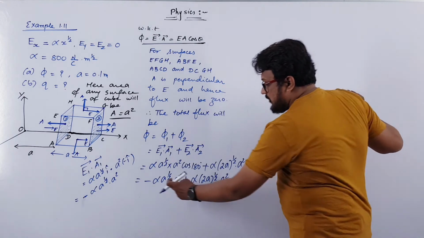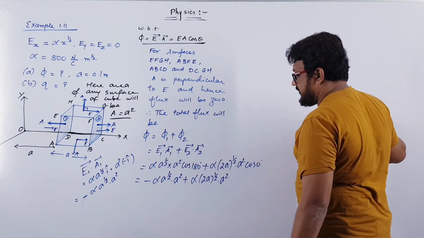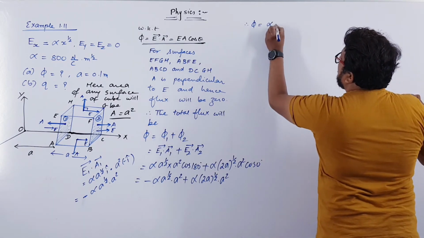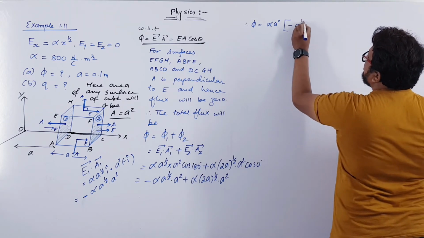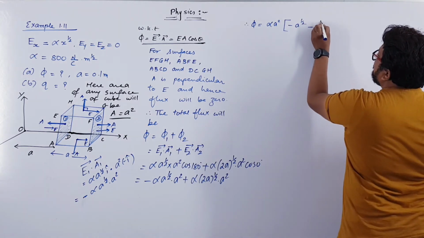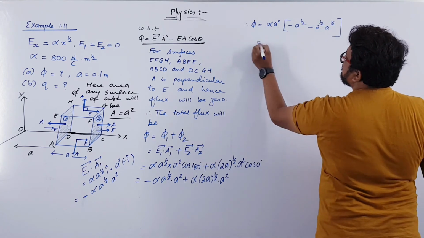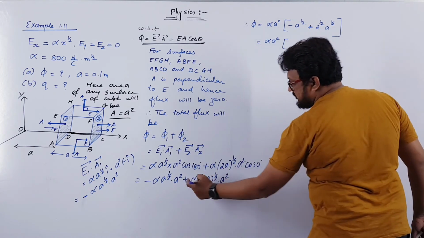Now you can see that we can take alpha a square common. So flux phi will be equal to alpha a square in bracket, minus a raised to half plus 2 raised to half a raised to half. Actually this is plus, sorry.